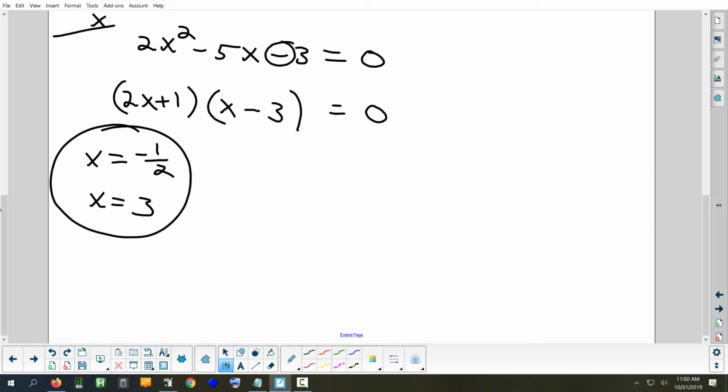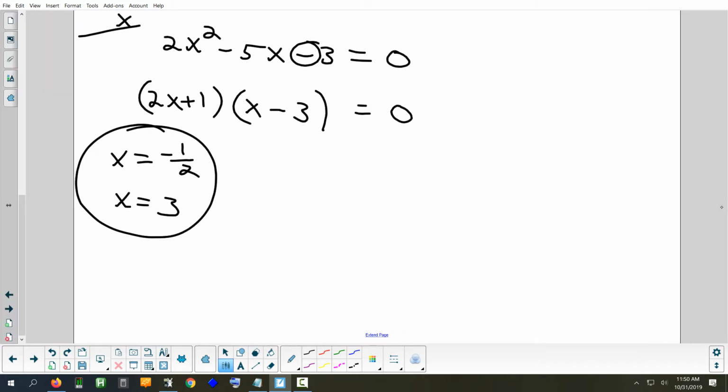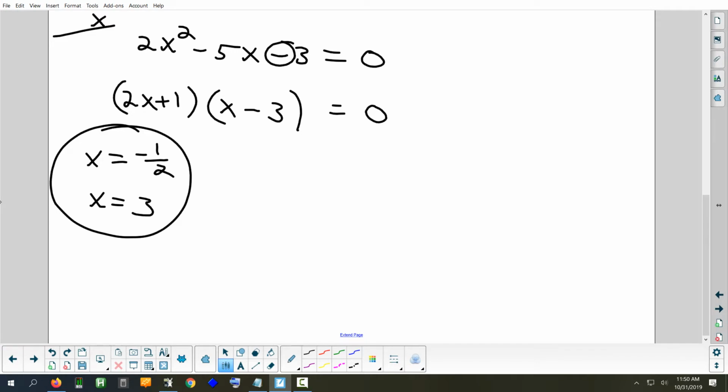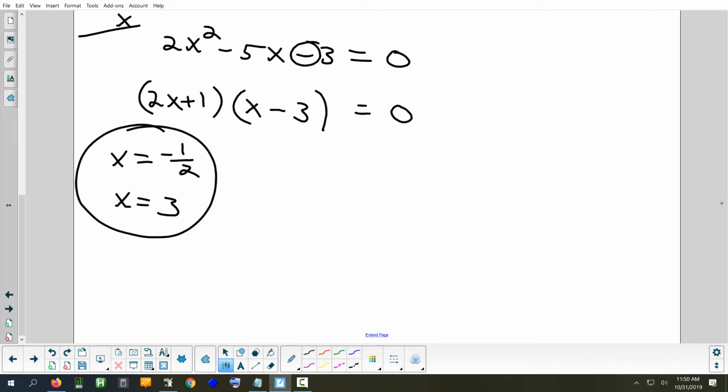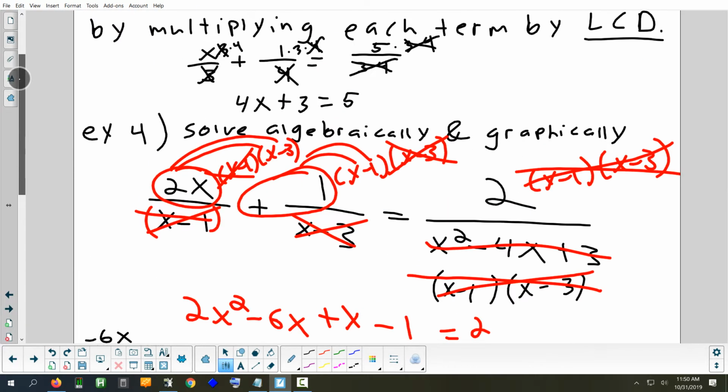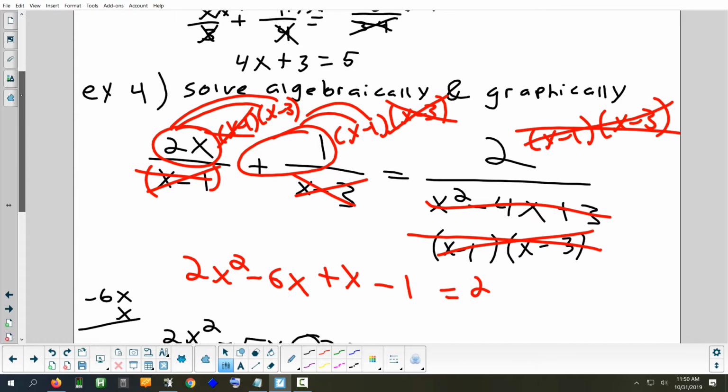Let's try to plug 3 back into the original problem. So scroll up. Can you plug 3 into the original problem?